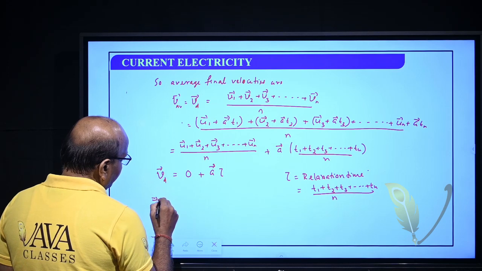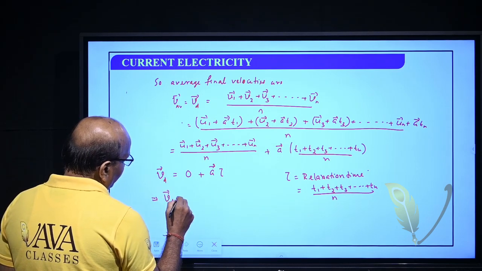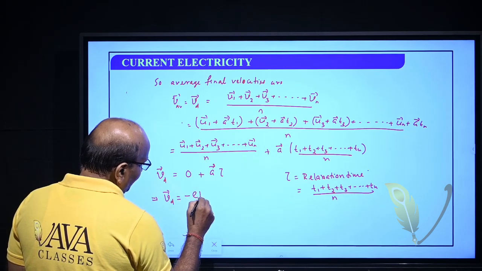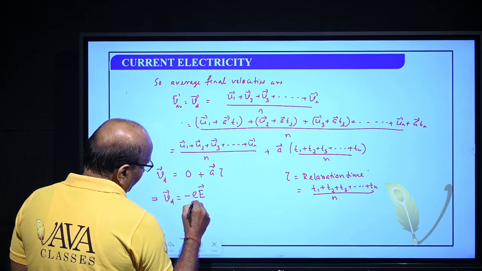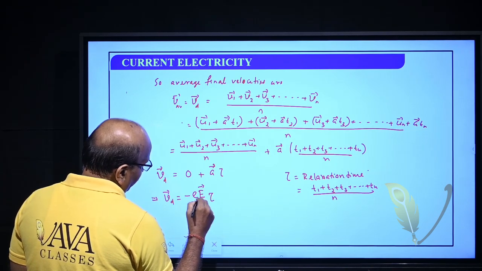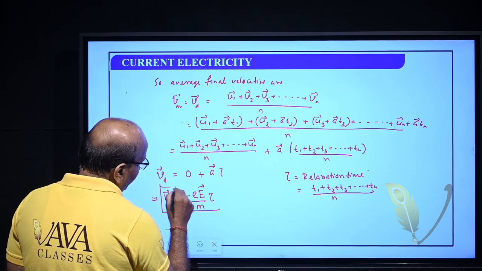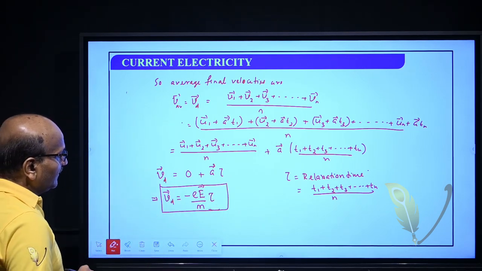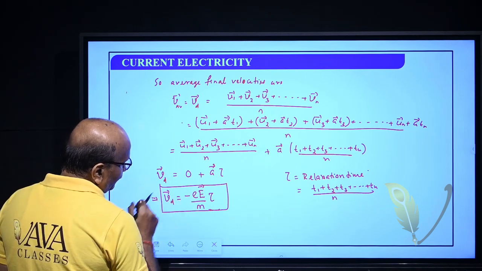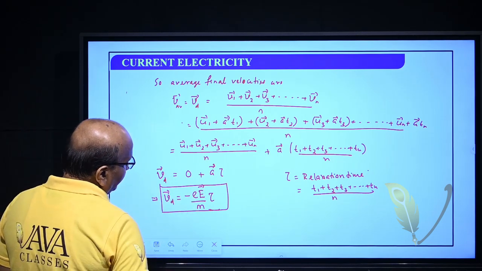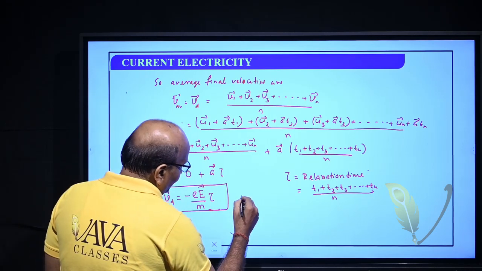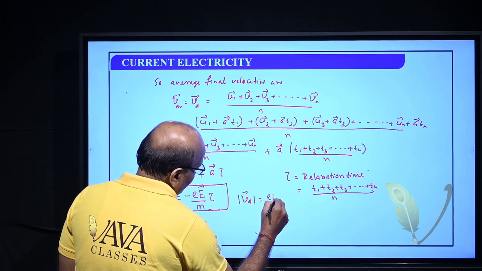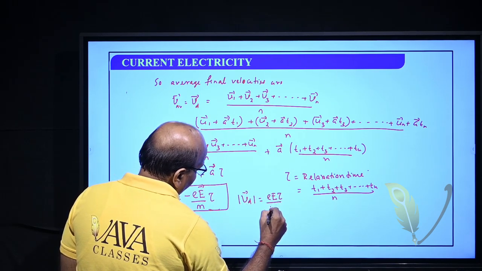Or that implies Vd is equal to A tau, and we already saw that A is minus e E by m, so Vd is equal to minus e E tau by m. This is the expression of drift velocity in terms of the electric field. Drift velocity is opposite to the applied electric field, that is why it is negative, and the magnitude of drift velocity is equal to e E tau by m.